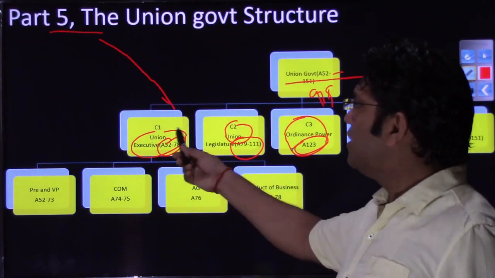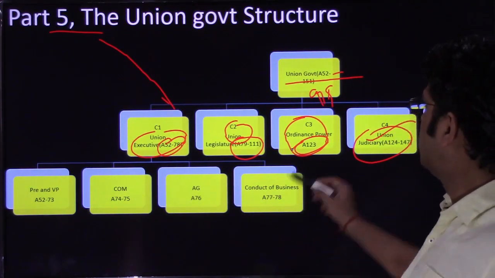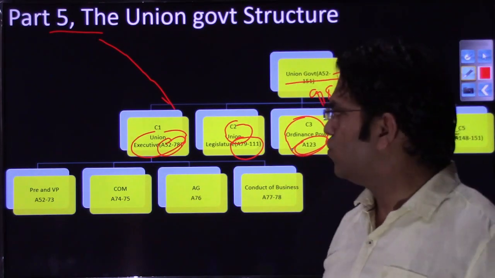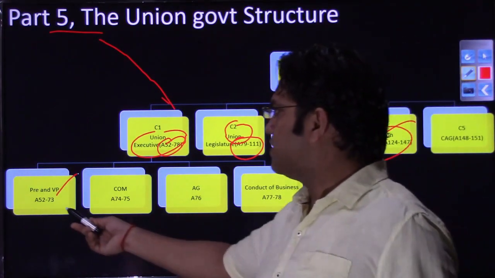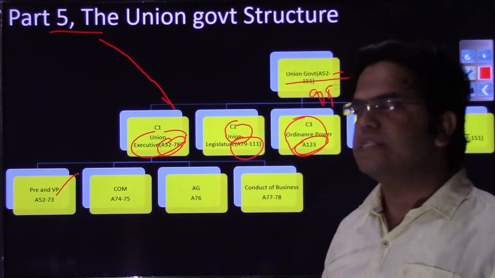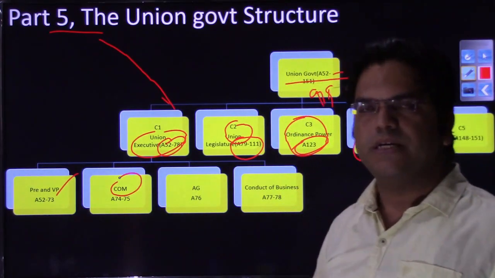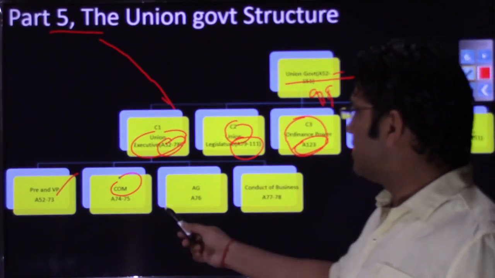Right now we are delving into the union executive chapter. If I break up this chapter further, it can be broken into President and Vice President, which spans from Article 52 to Article 73. Then the Council of Ministers, for which 2 articles have been dedicated, Article 74 and Article 75.